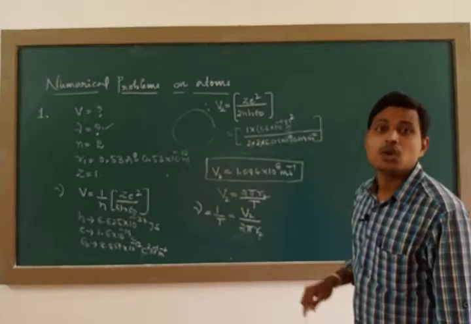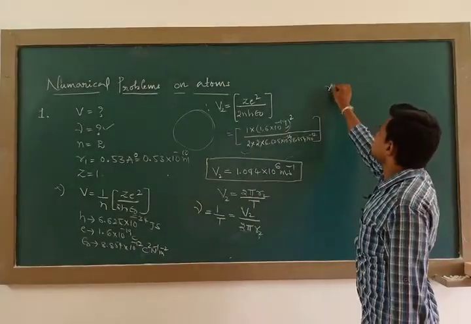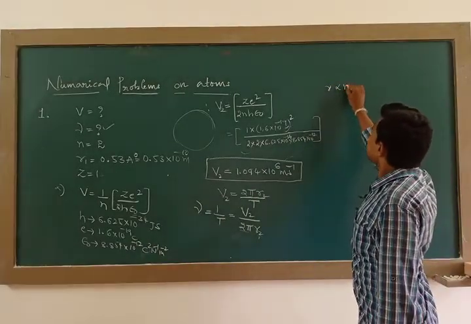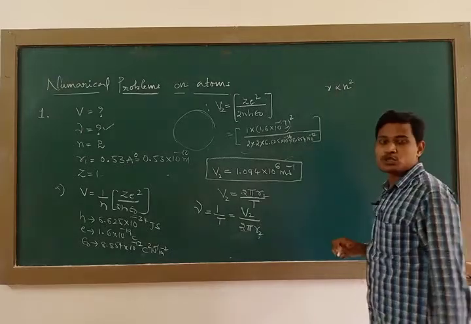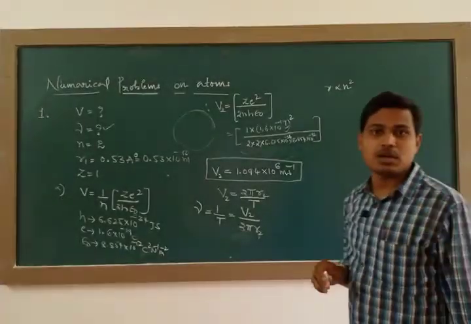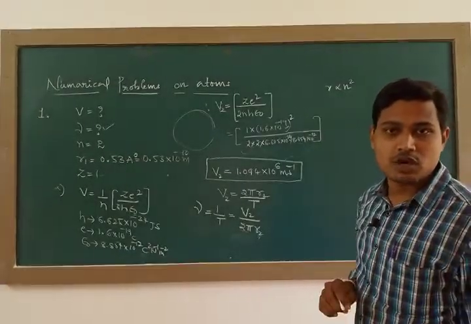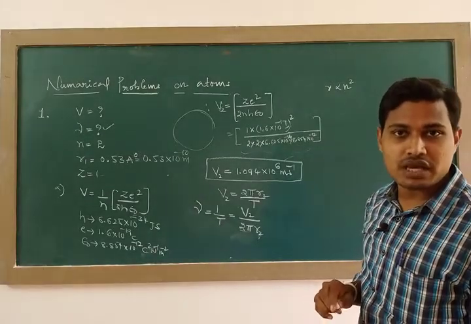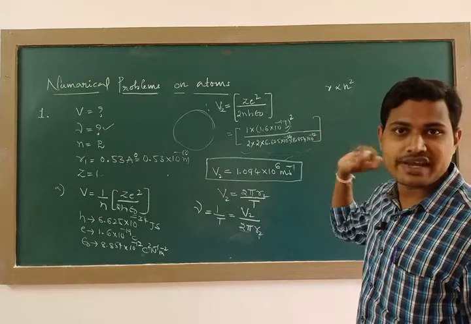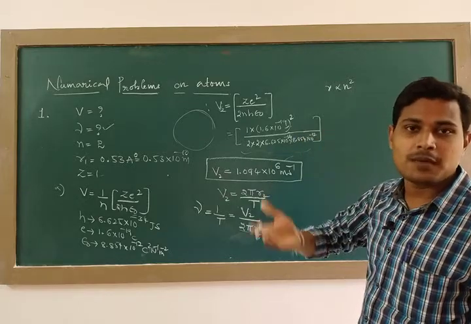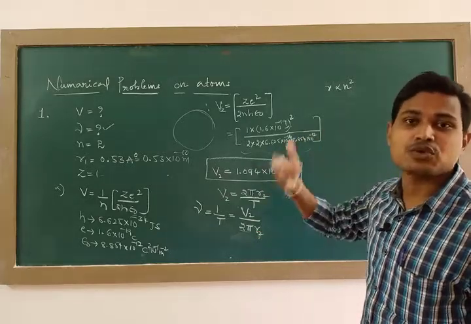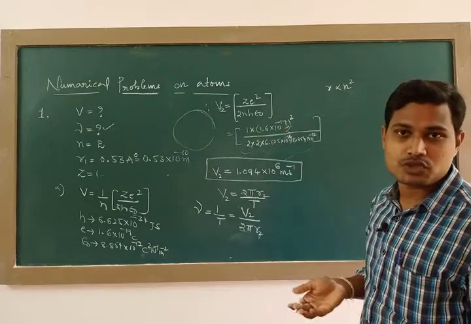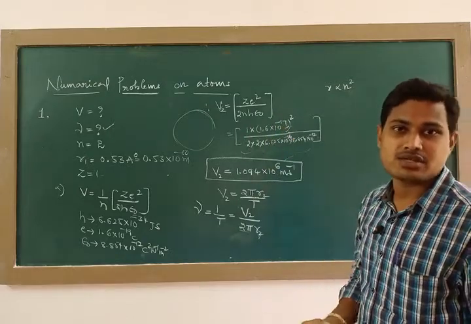R1 is given. We know that the radii of the orbits are proportional to the square of the natural numbers. From the concept of the radii of stationary orbits, we come across a simple relation between the radius and the number of the orbit.